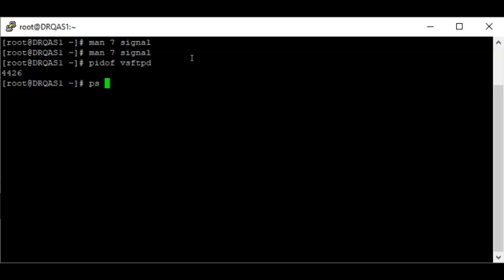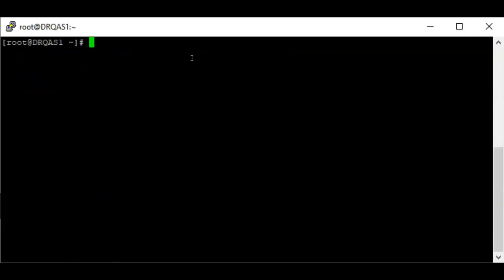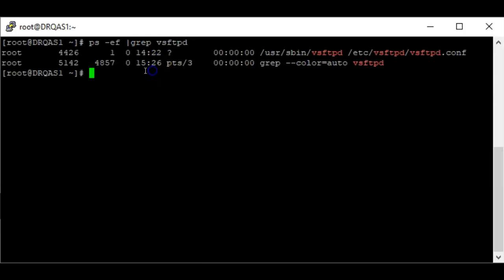Don't forget you can also use the command we discussed in our previous video: ps -ef, then grep for vsftpd. You can see the process, which is 4426. To kill this process, you use the command kill followed by the process ID, 4426, and this process should be killed.